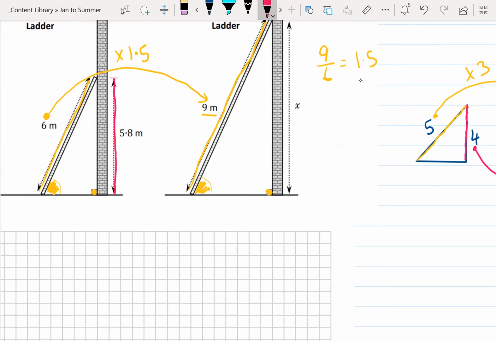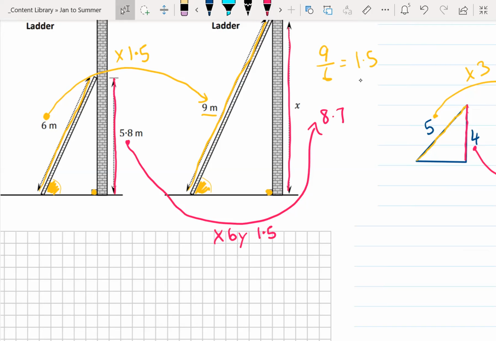This side corresponds to this, so let's multiply by 1.5. Grab your calculator: 5.8 multiplied by 1.5 gives us 8.7. That is what x is.